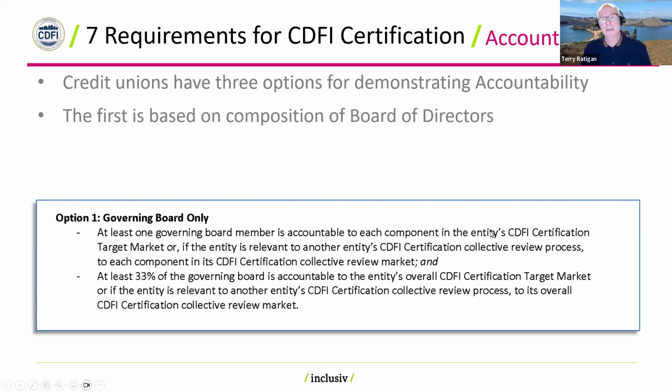So the first one is the traditional, old-fashioned option of just using your governing board, your board of directors, and then making sure that at least 33% are accountable to your overall target market. They have specific requirements for who needs to be accountable to specific target markets.